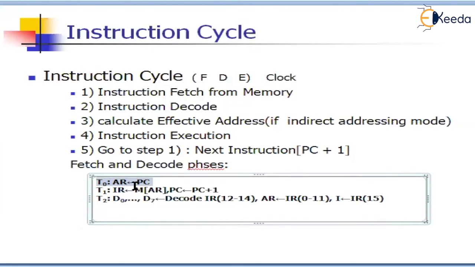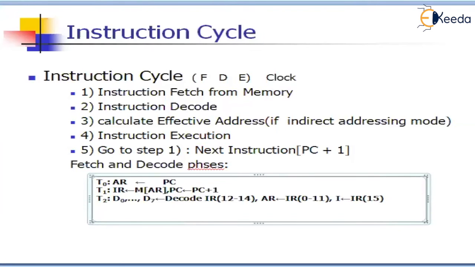You have already seen that the first operation to be performed in order to fetch the instruction from the main memory is that the program counter value will get transferred to the address register, right?